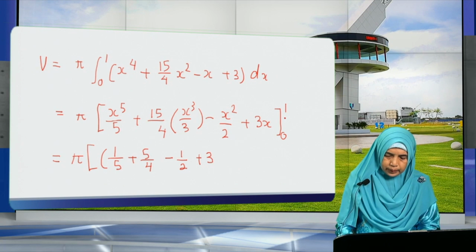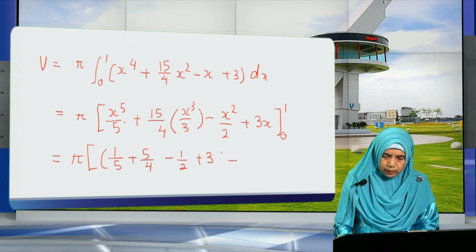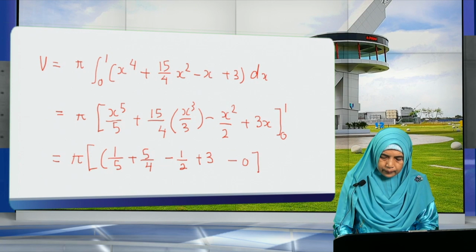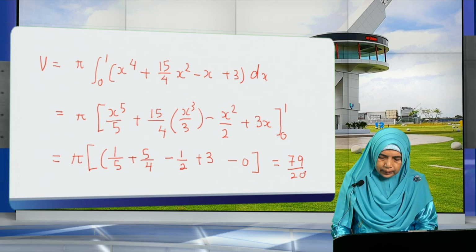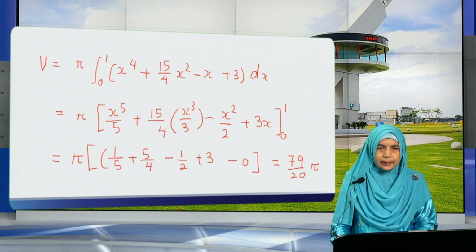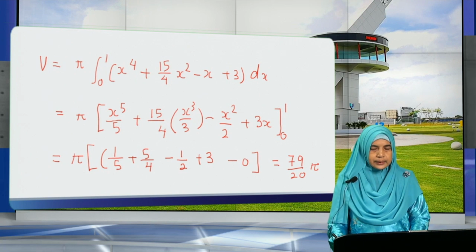Substituting 0 in, we get 0. So we calculate it, and we get 79 over 20 pi. Okay, so that's the first example.